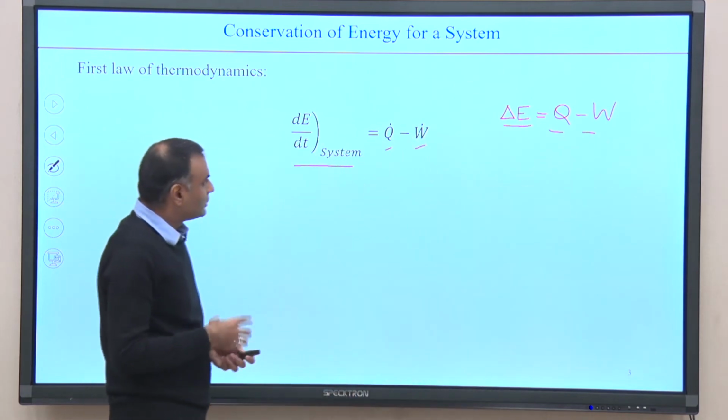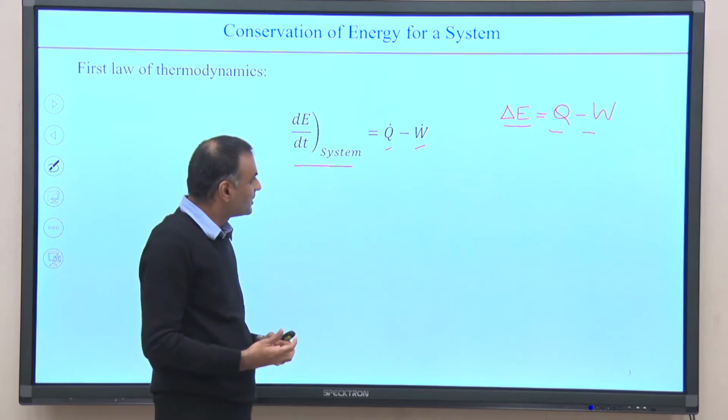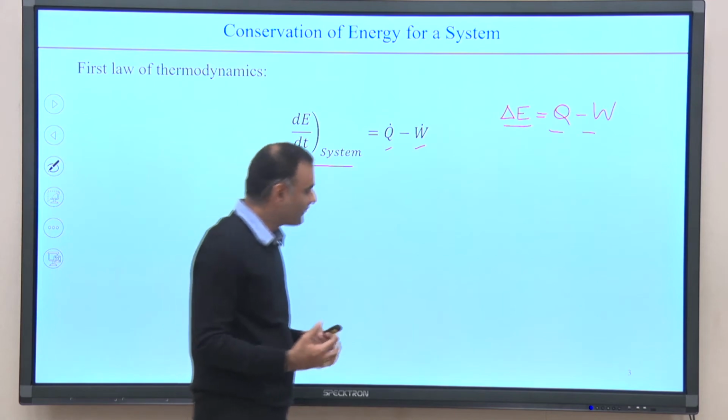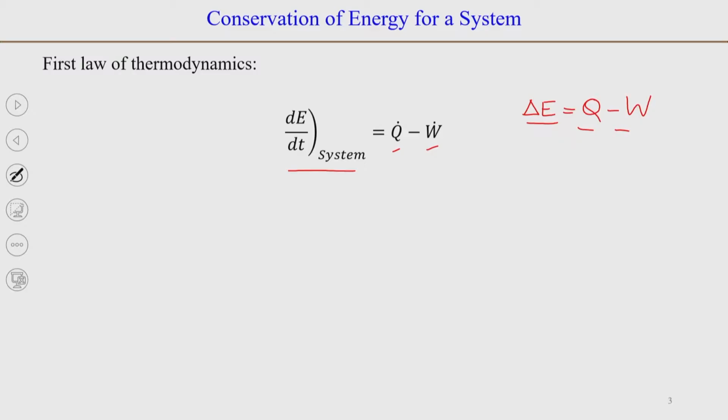Now, when we talk about a flow system, it is going on continuously, so in place of delta E, we will talk in terms of rate. The rate of change of energy of a system is equal to the rate at which energy is being supplied to the system minus the rate of work done by the system.